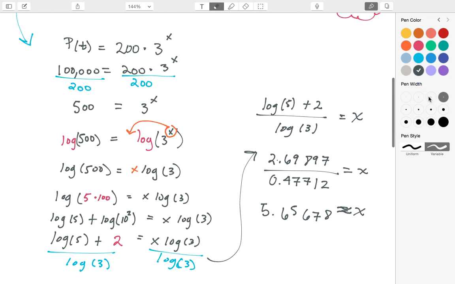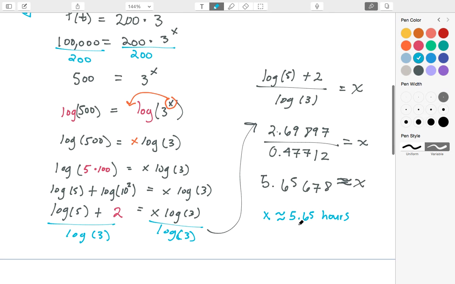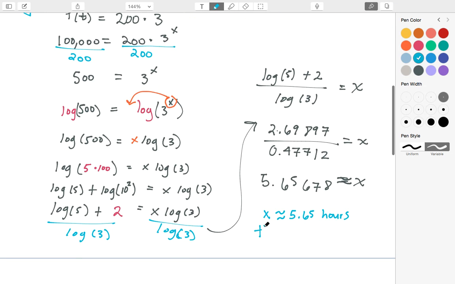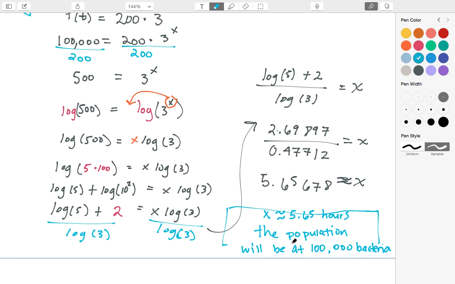So what I can say here is that when x is about 5.65 hours, the population will be at 100,000 bacteria. Okay, and that will be my answer.